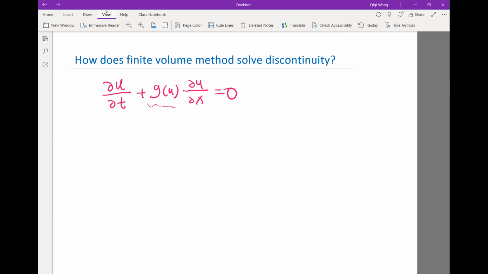g(u) is equal to u in Burger's equation. Okay, and it's called the wave speed or the characteristic speed.